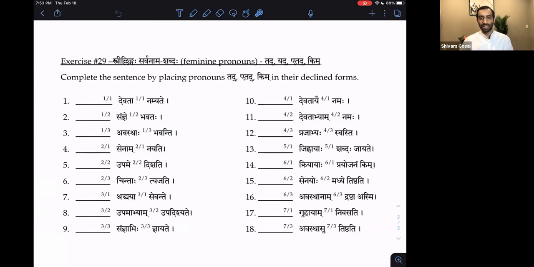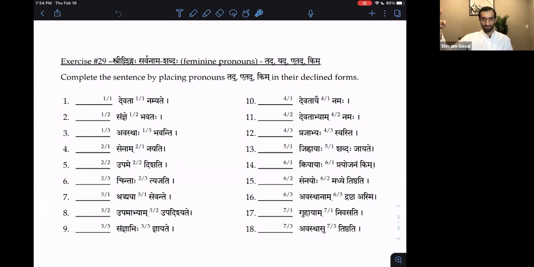Devata namyate, right? Pick up the verb, namyate. Do you see something particular about it? Yeah, this is nam dhatu. Nam dhatu is 1p, lat lakara. You see ya and atmane. So karmani prayoga, right?